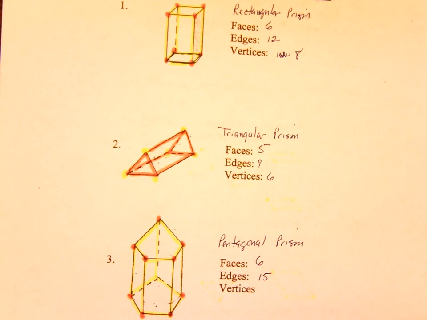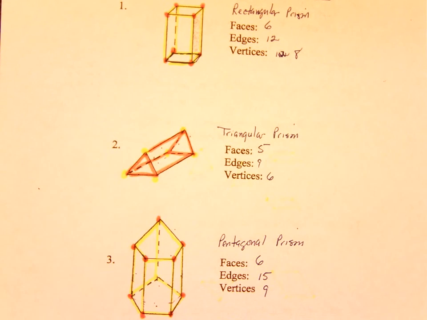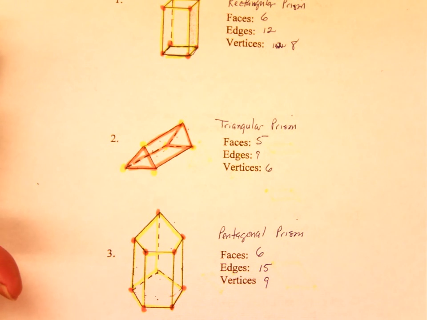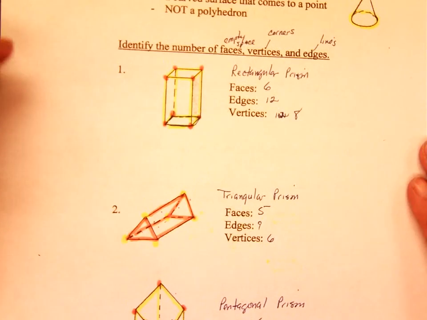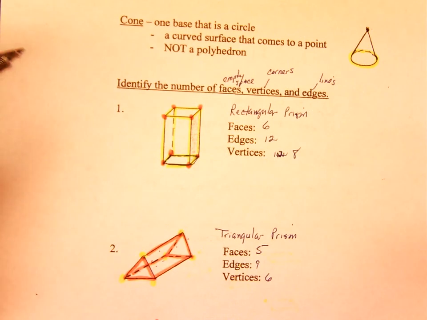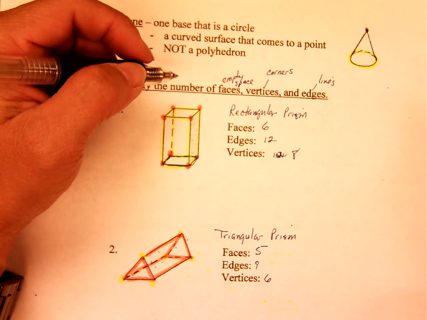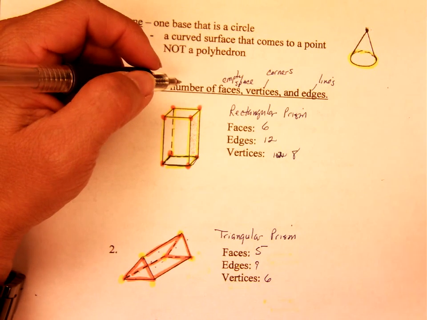Now for prisms, from our lab on Friday, I was hoping that you would recognize there is a pattern to this. So let's go back to number 1. For prisms, here's your pattern. Rectangular. How many sides does a rectangle have?